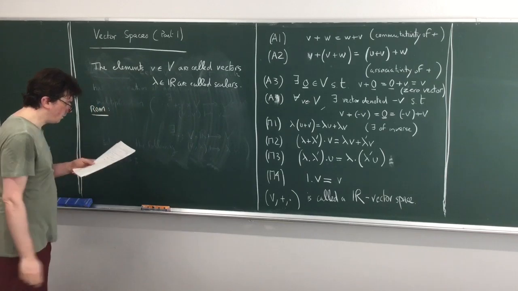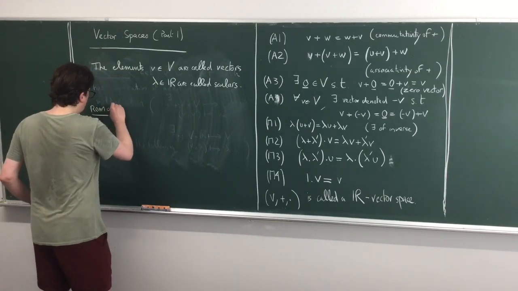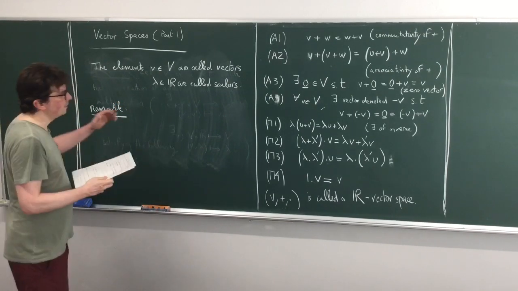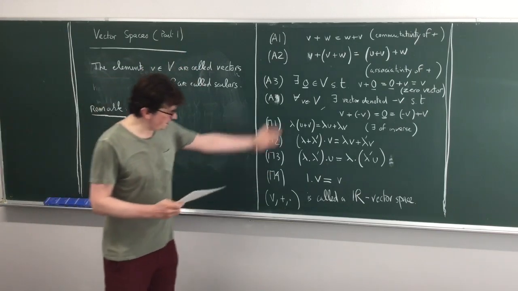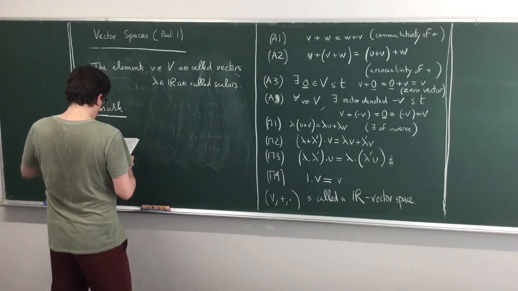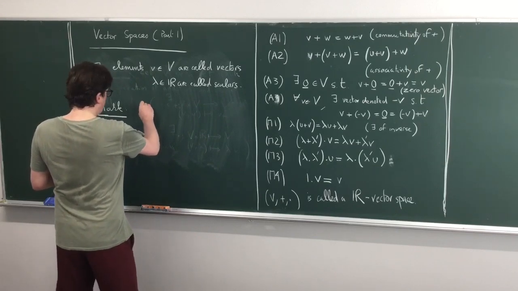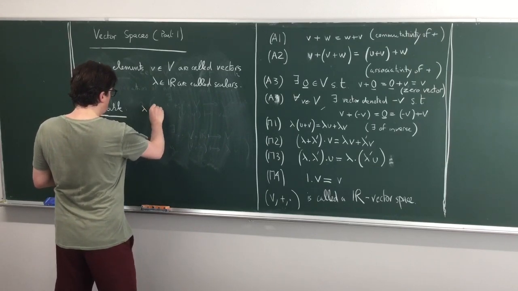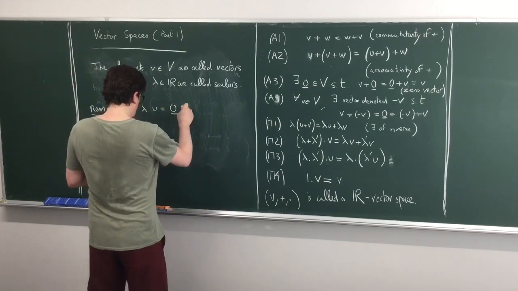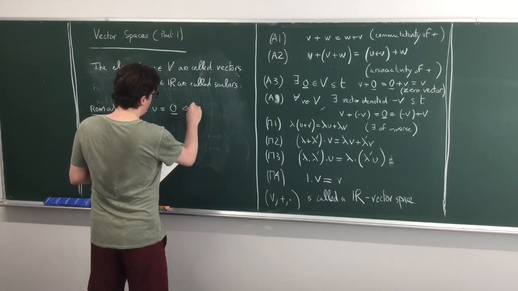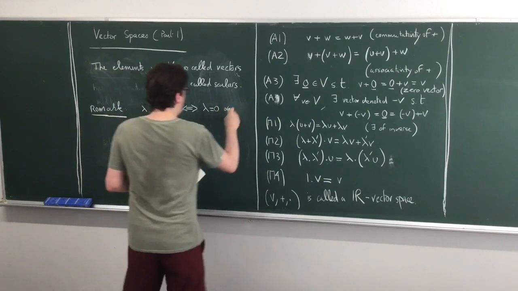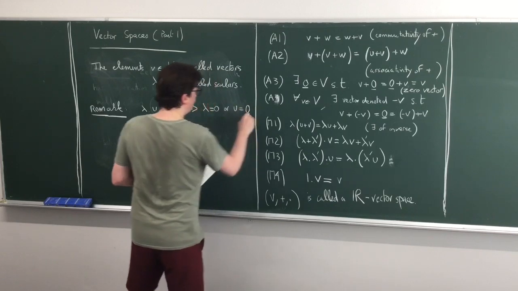Let me give you some remark about the notion we introduce. It follows immediately from these 8 conditions that we have the following. Namely, if you have lambda times u equal the zero vector, then this is true if and only if lambda is 0 or u is the zero vector.